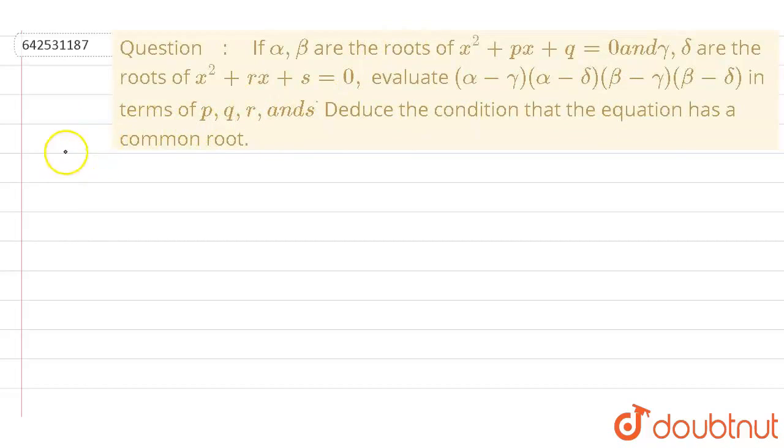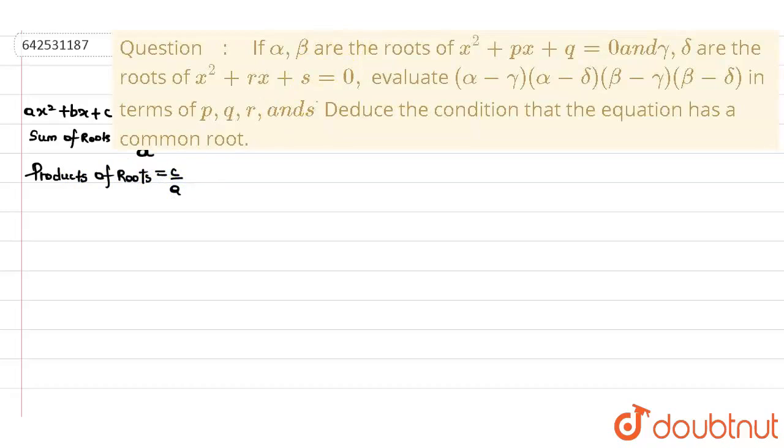So we know that if ax square plus bx plus c is equal to 0, then the sum of roots is equal to minus b by a, and product of roots is equal to c by a.